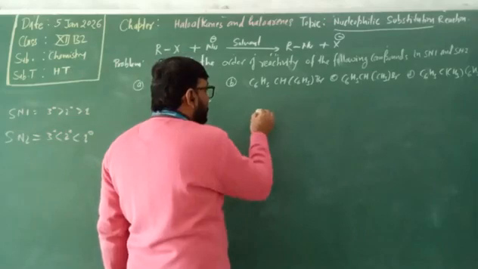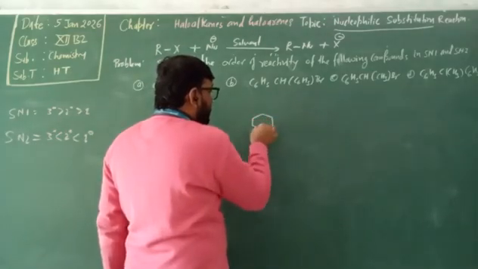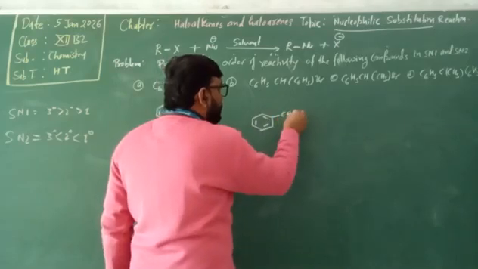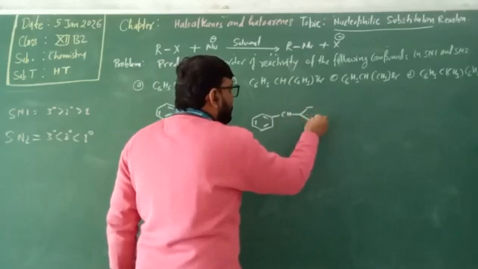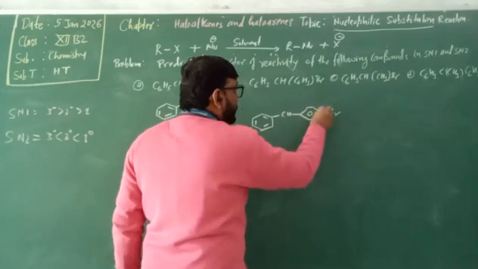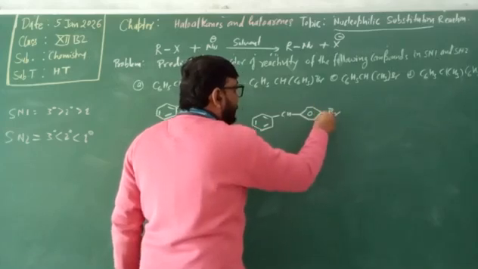About the next one, C6H5CH and then Br: this carbon is 2 degree.